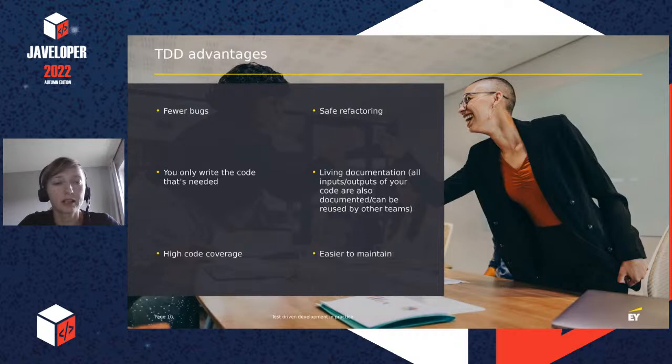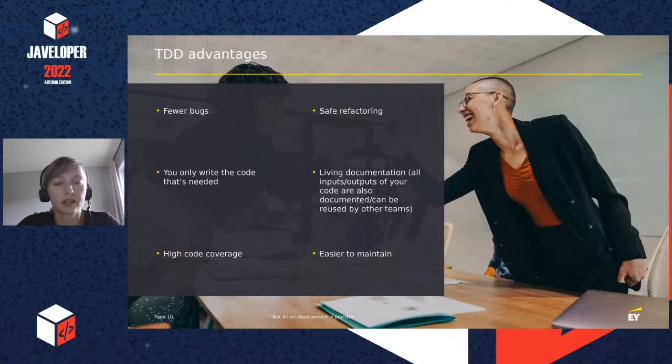So let me summarize the test-driven development advantages. In my opinion, we will have fewer bugs when we apply this approach. Also, we will write only the code which is really needed. We will have high code coverage right out of the box. Also, we can do refactoring safely.